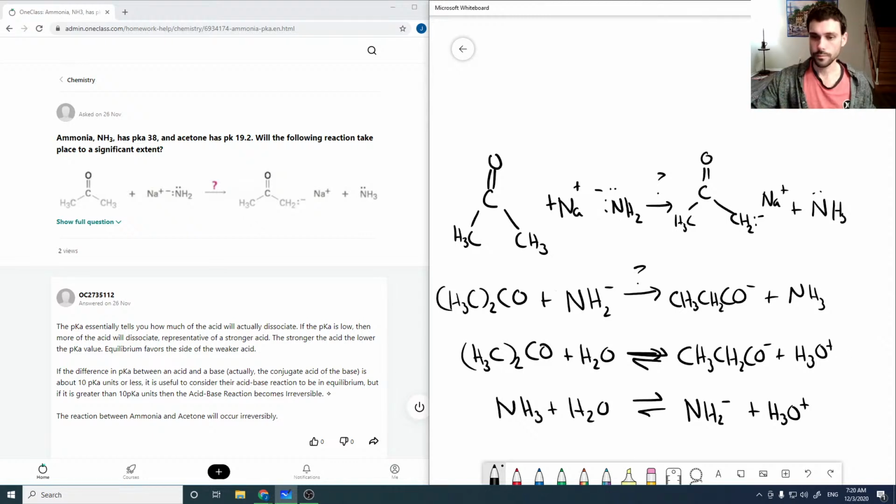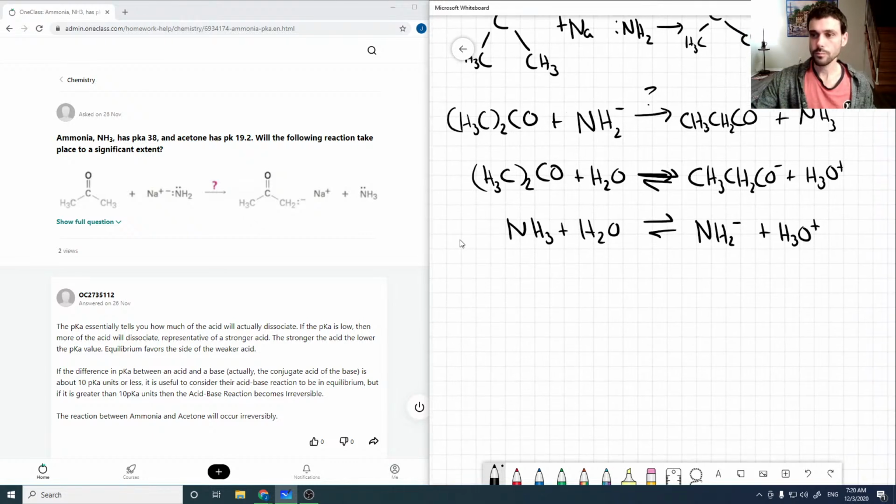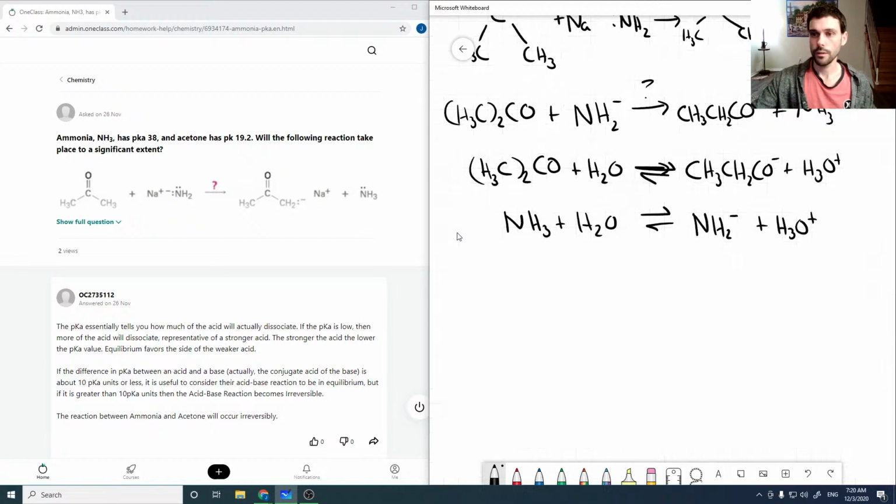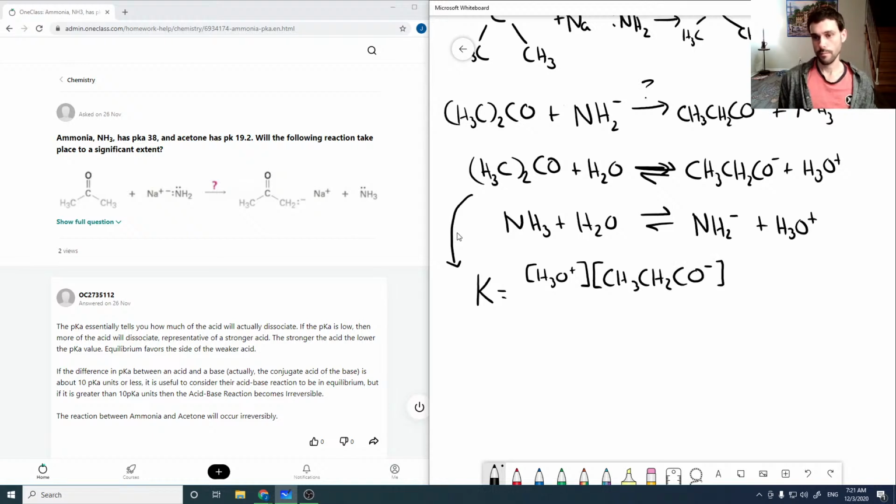And so if we look at our equilibrium expressions here, our K here is H3O plus, CH3CH2CO minus, over H3C2CO.